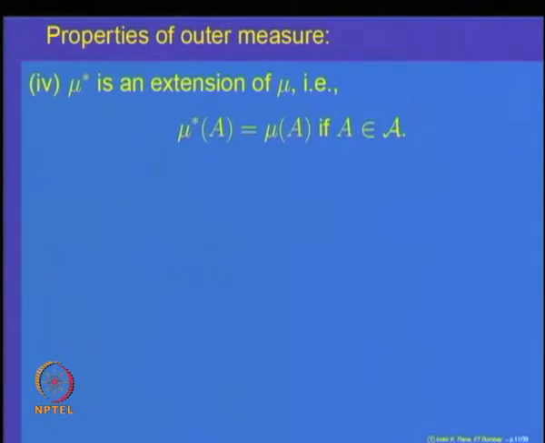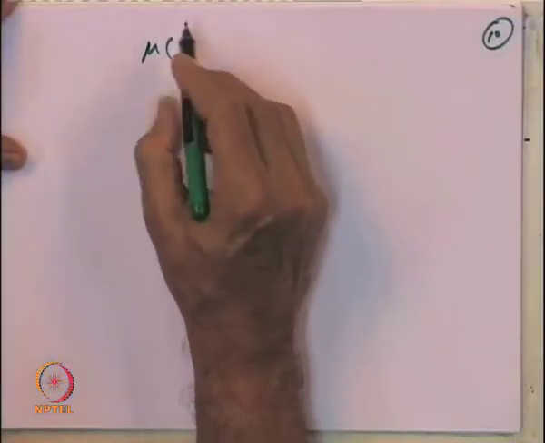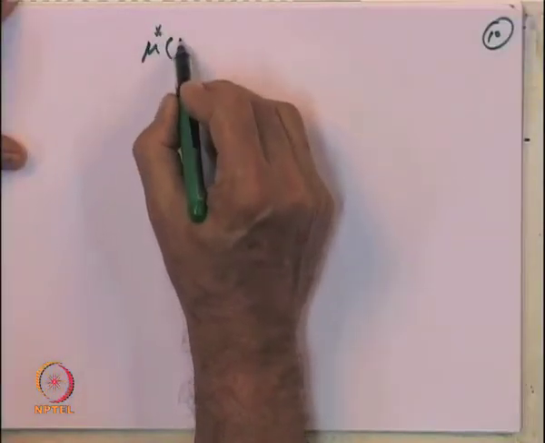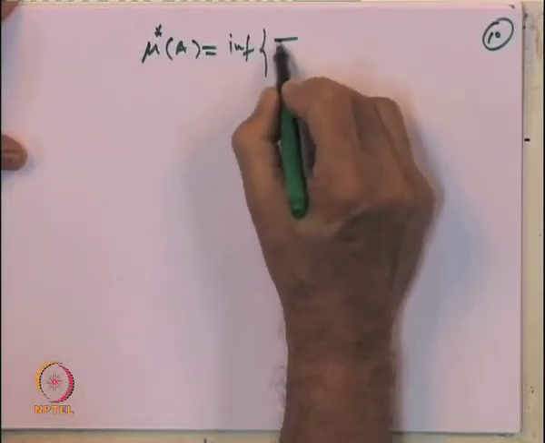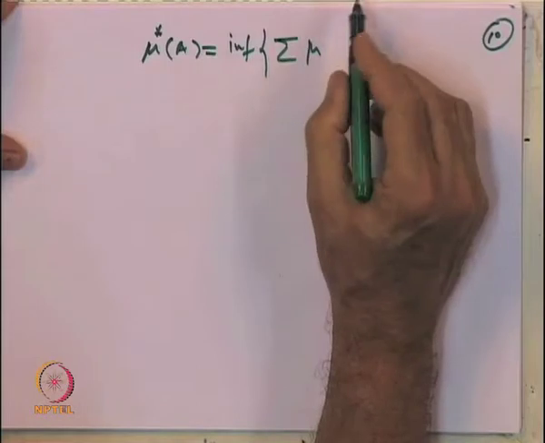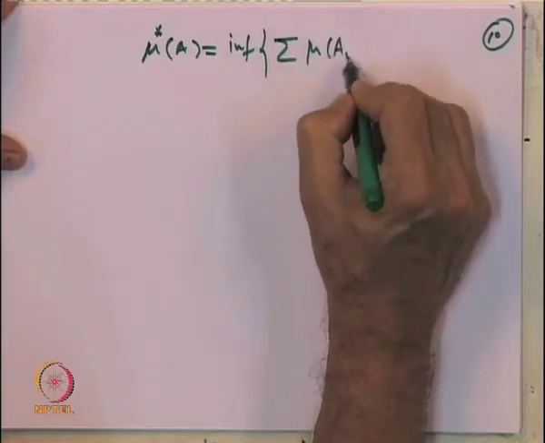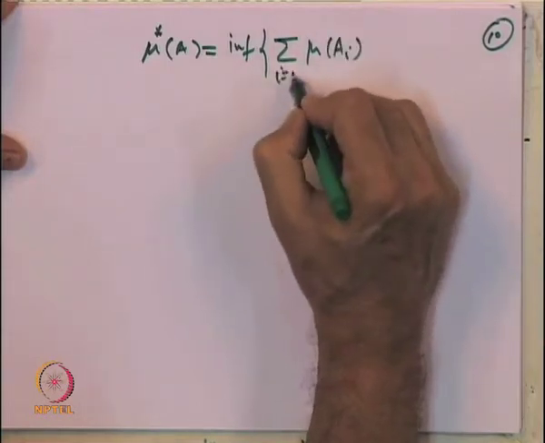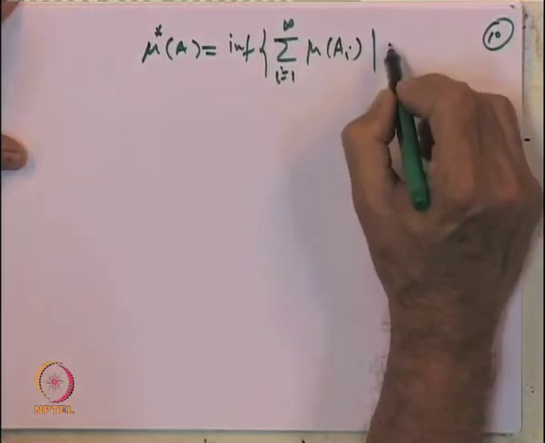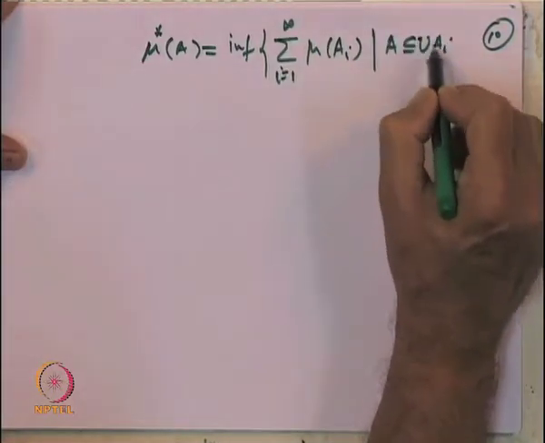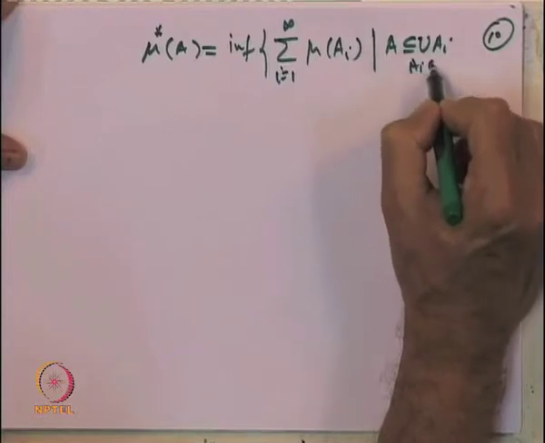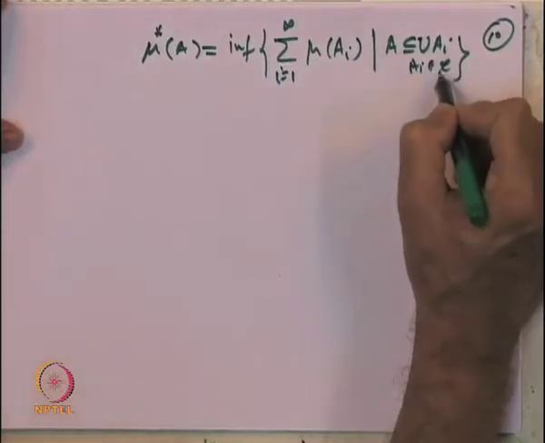So, we had mu star of A is equal to the infimum over summation of mu of A_i, i equal to 1 to infinity, where A is contained in the union of A_i's, and the A_i's belong to C, the algebra.